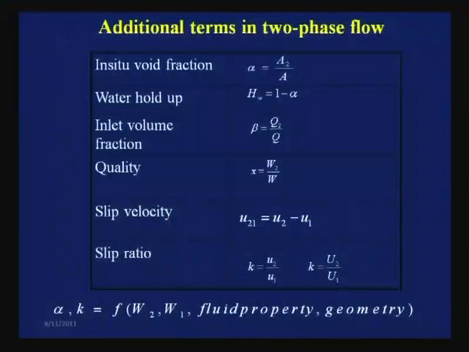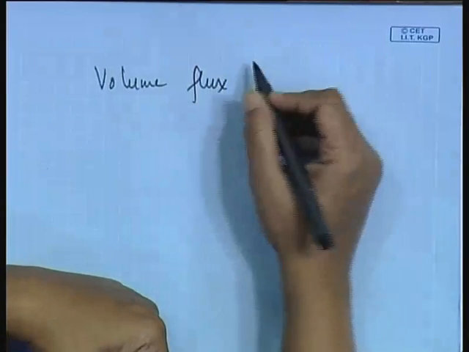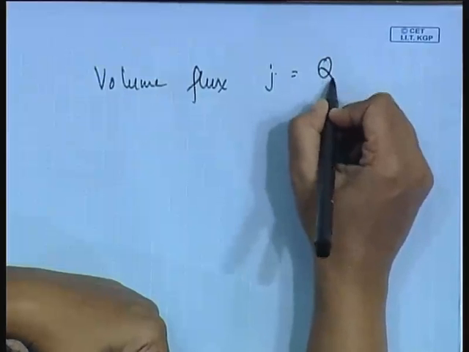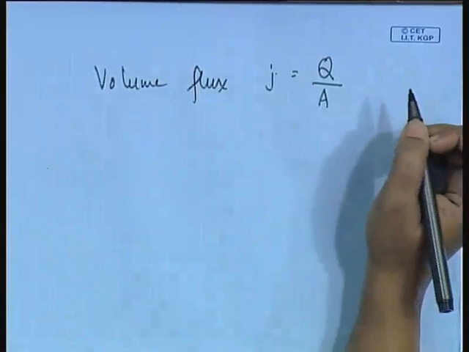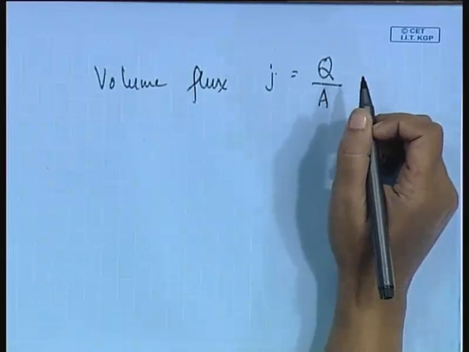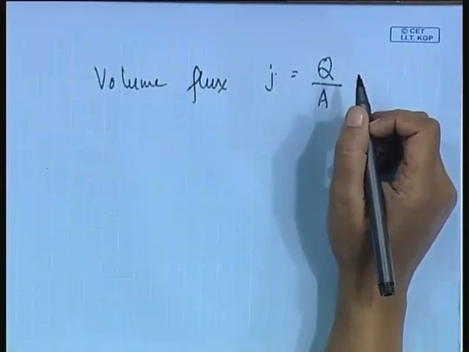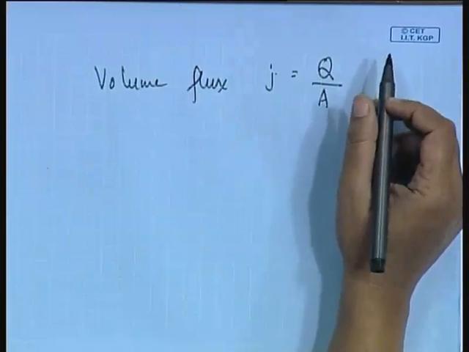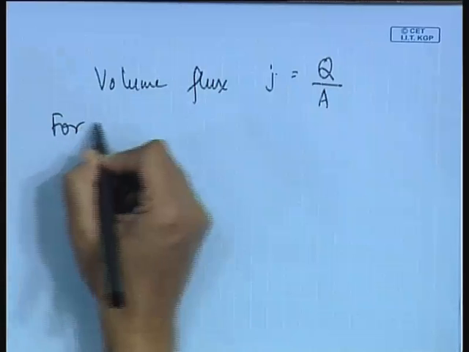Remember? How do we define the volume flux? It is small j, just the volumetric flow rate divided by the area. I had already defined it. Now, this was fine for single phase flows. But for two phase flow, what do we get?